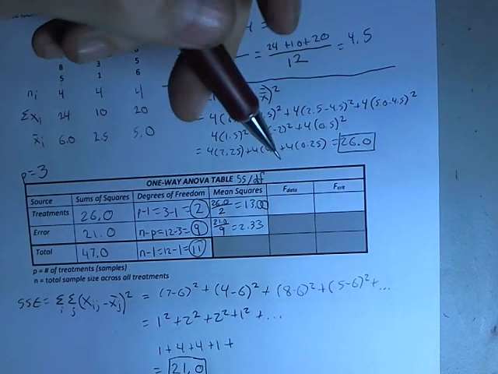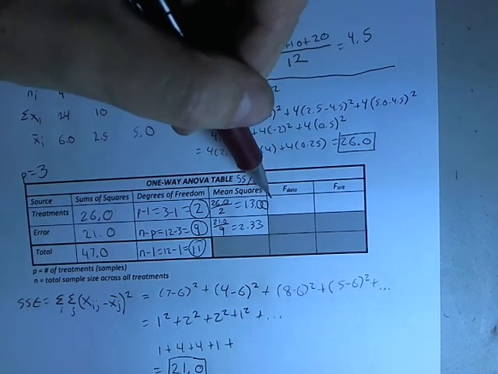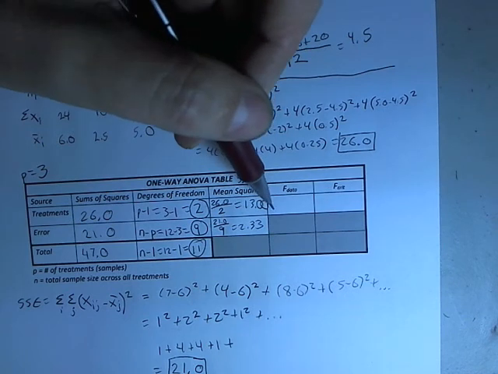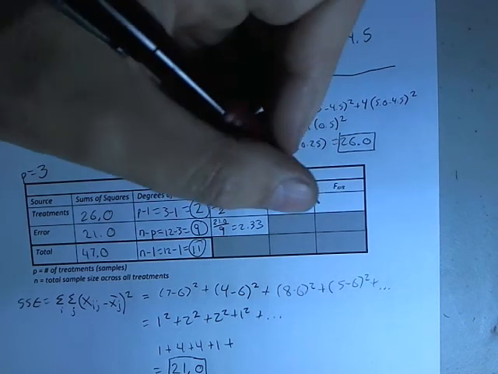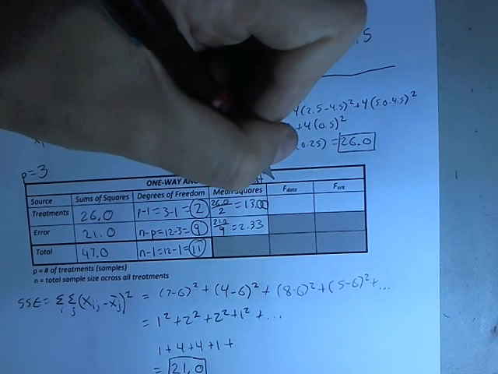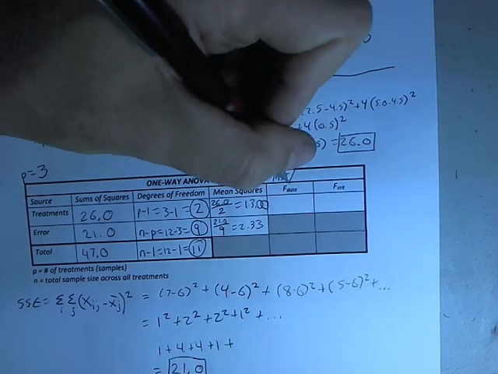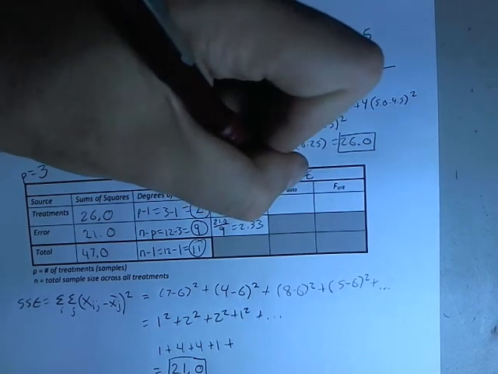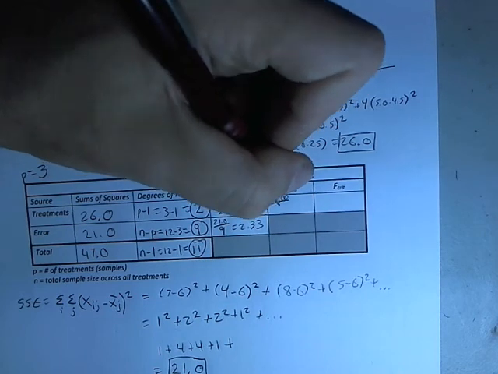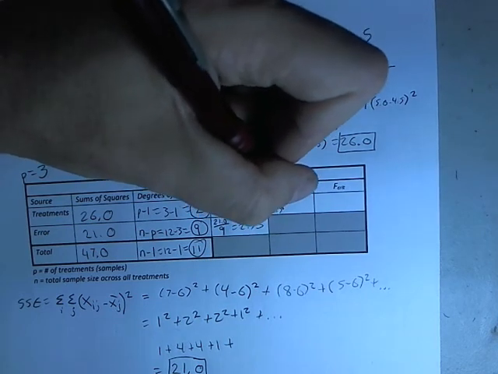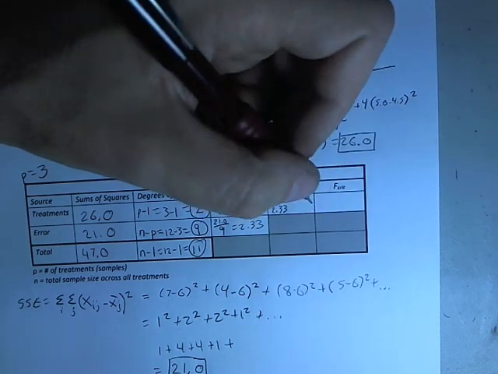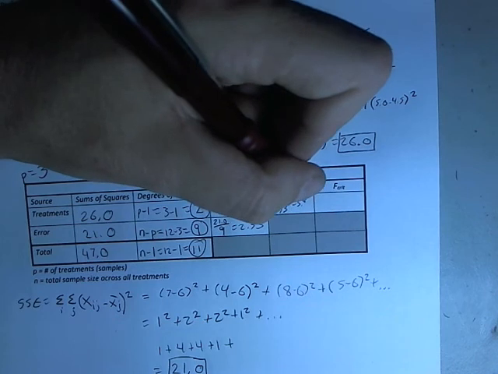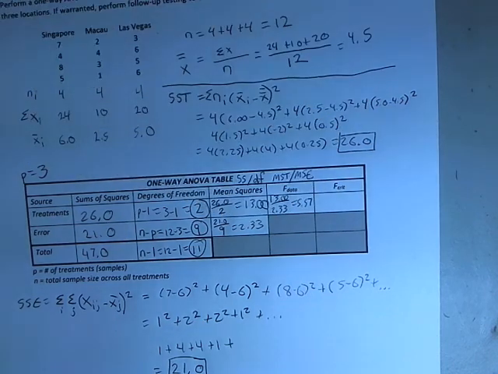So in order to perform this upcoming hypothesis test, we're going to compute our F data value by taking the MST value and dividing it by the MSE value. So 13.0 divided by 2.33 is equal to 5.57.